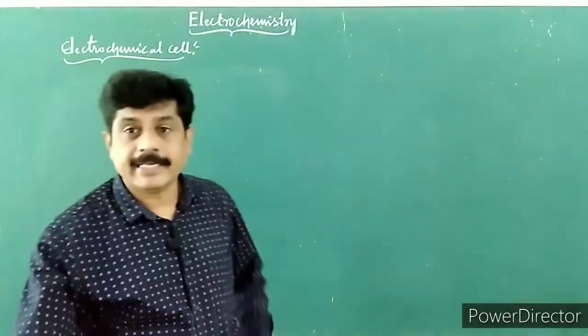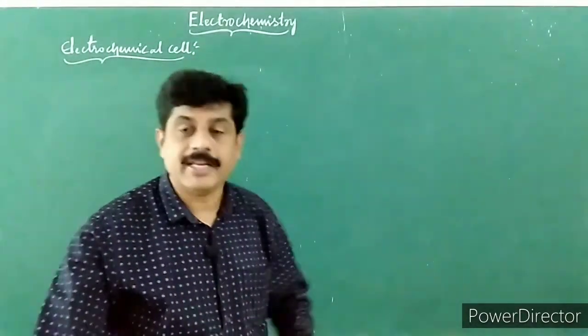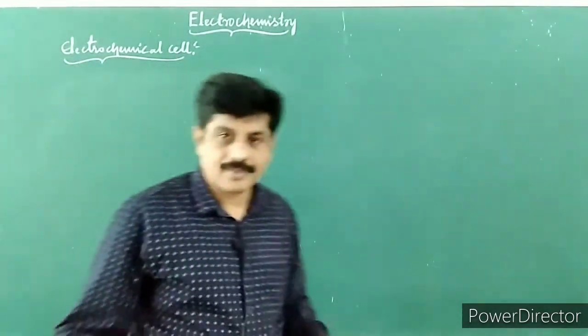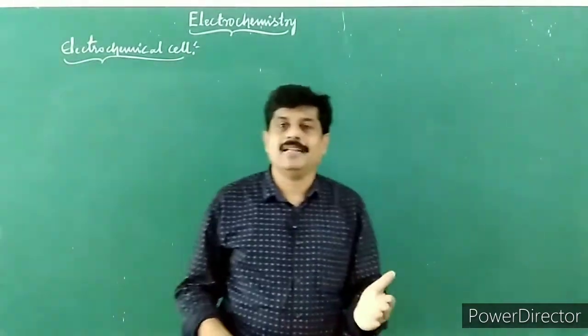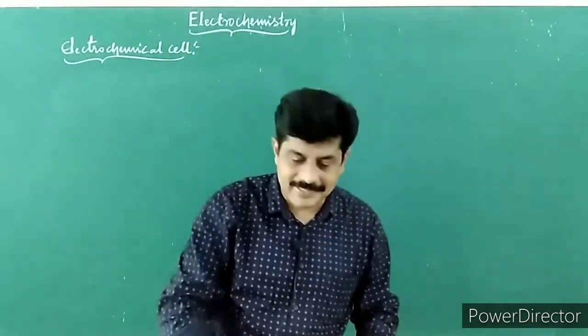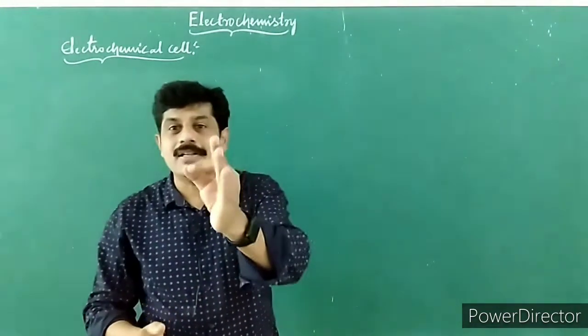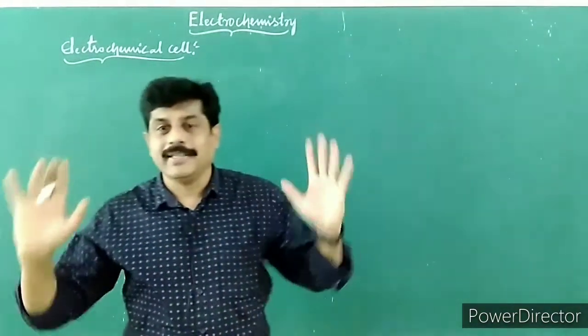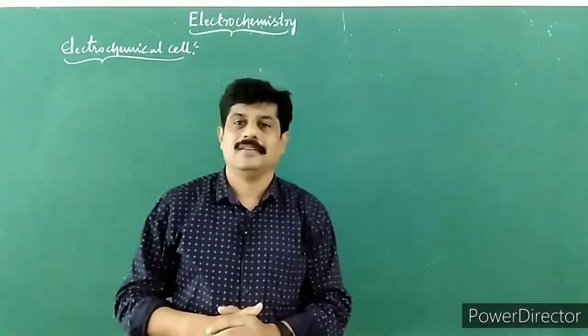Children, let me take up the second part of the unit electrochemistry, which is electrochemical cell. Children, you are well aware that electrochemical cells are the reverse of electrolytic cells, in which the chemical energy of the spontaneous redox reaction is converted into electrical energy.